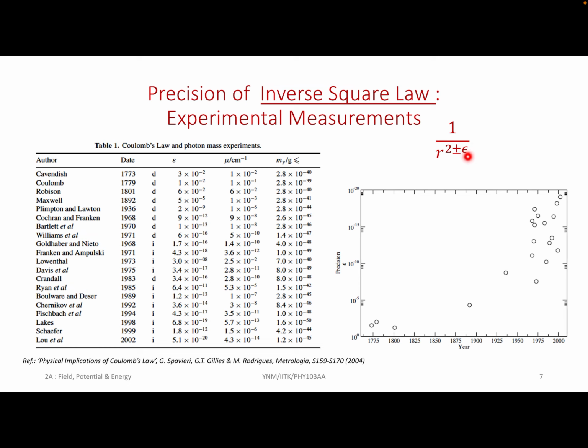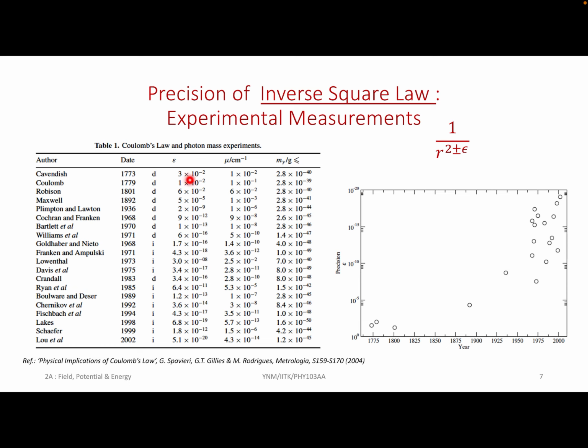Or is there a quantity which is plus or minus epsilon because of our experimental errors? This has deep implications for almost every aspect of the physical world that physicists study. And hence, there has been a lot of effort to measure this possible deviation from the inverse square law, epsilon.